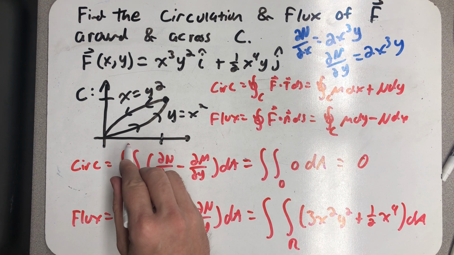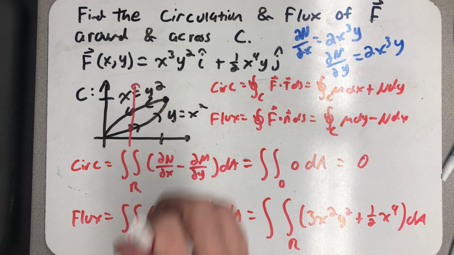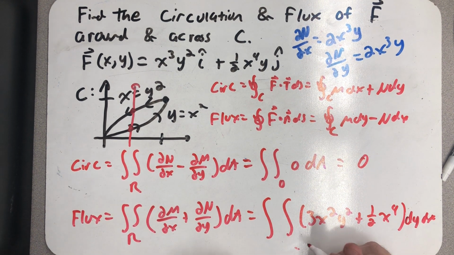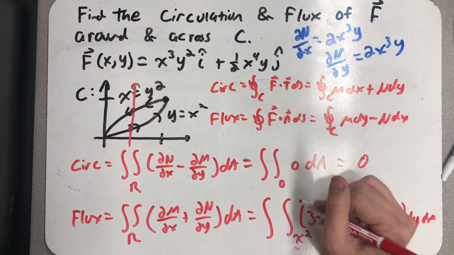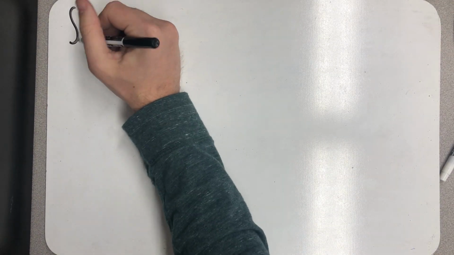I'm going to imagine integrating first with respect to y. So my dA is going to become a dy dx. I enter the region through y equals x squared, and I exit the region through, well, y equals root x. Bounds for x that include the whole region, 0 to 1. So this is the double integral I need to evaluate to calculate the flux. So I'll write that on the top of this board, and we'll go from there.